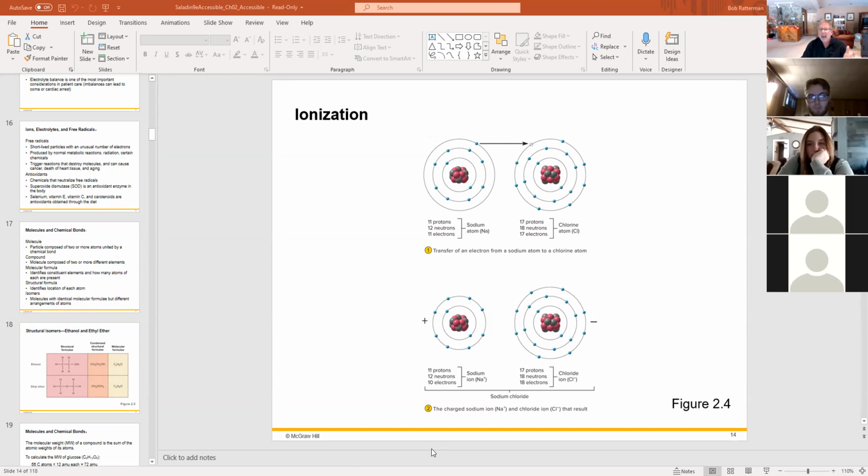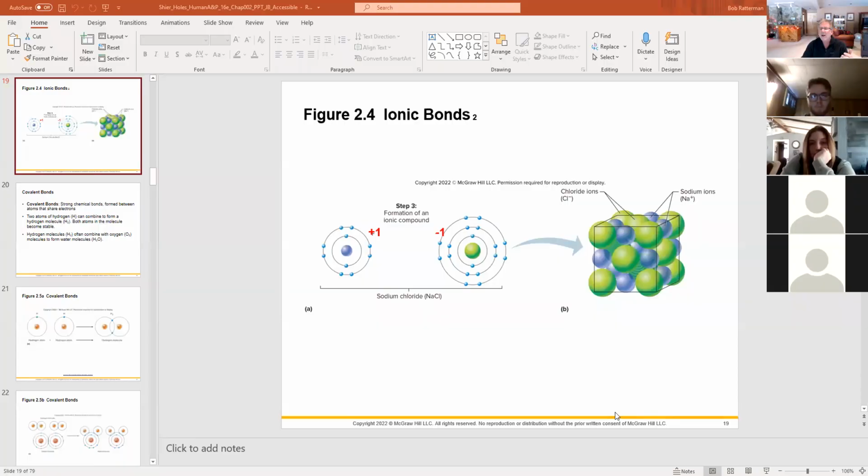Here we're looking at an artist's three-dimensional conception of the sodium chloride crystal. I can't see it. Okay, thank you for telling me, because I don't know if you don't tell me. How about now? Okay. Sometimes when I go flipping back and forth, it doesn't show up for you guys. So thank you, Ariel, for telling me that.